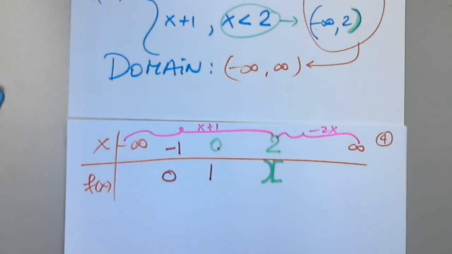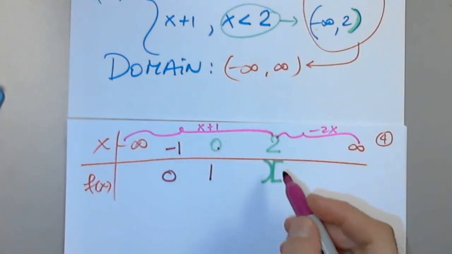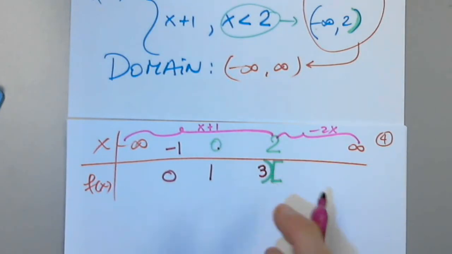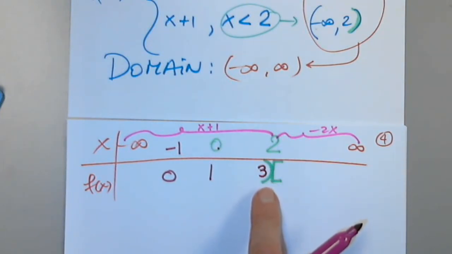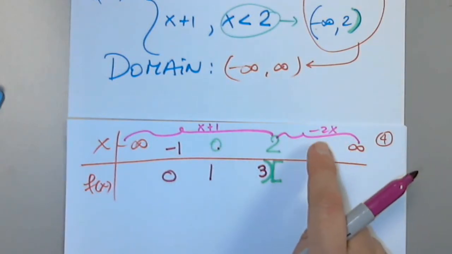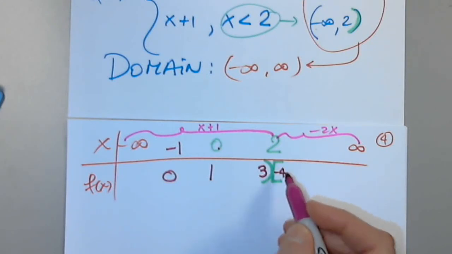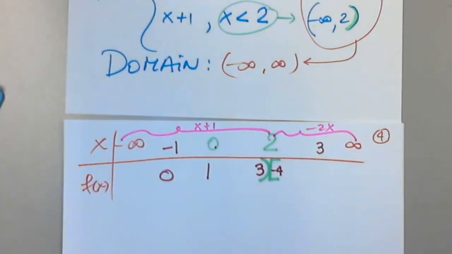Bear with me and we'll see what happens. Please plug in 2. Right here inside of these parentheses, I put a 3. Now on the other side, inside the bracket, what will I write? Very good. And just one more value and tell me what to write.